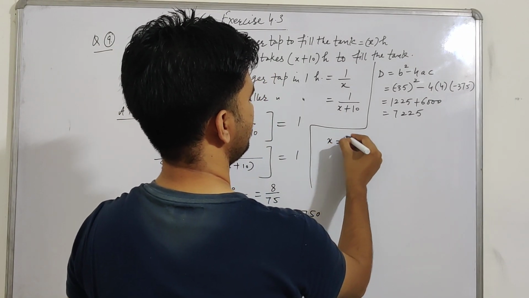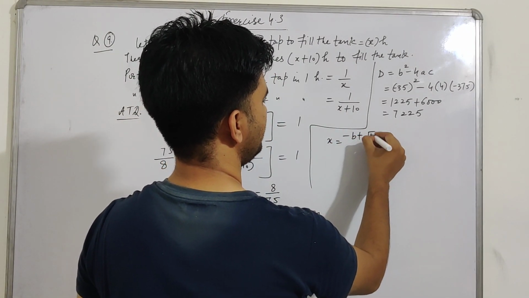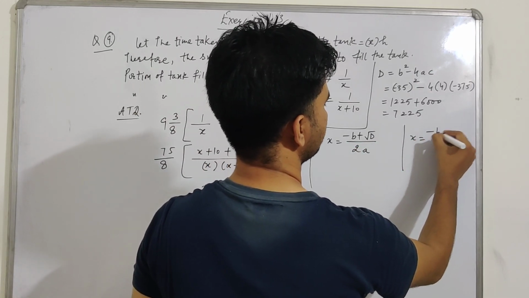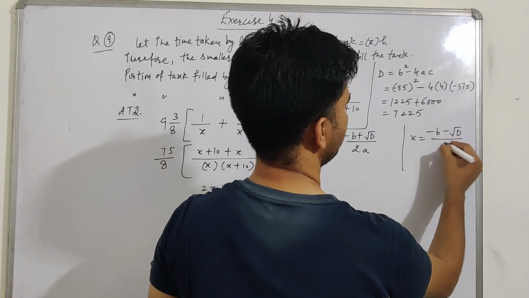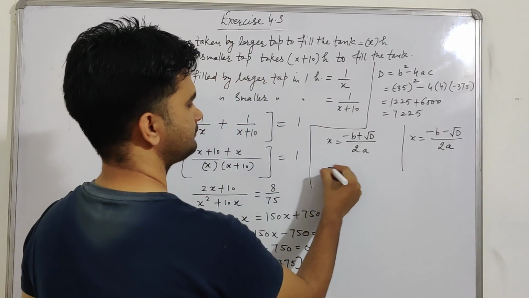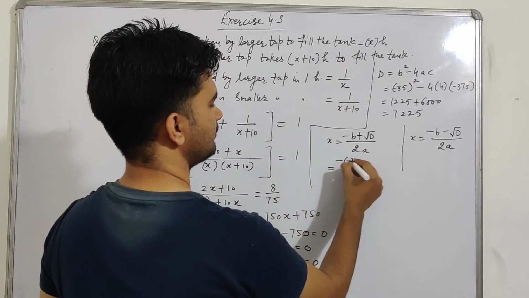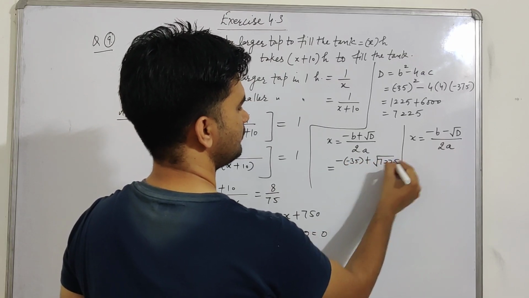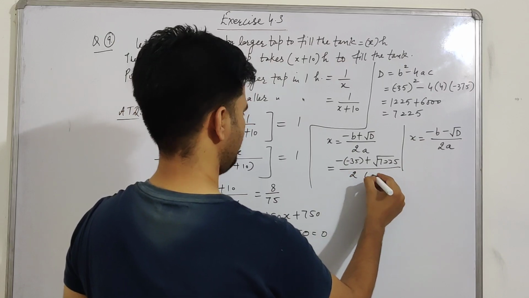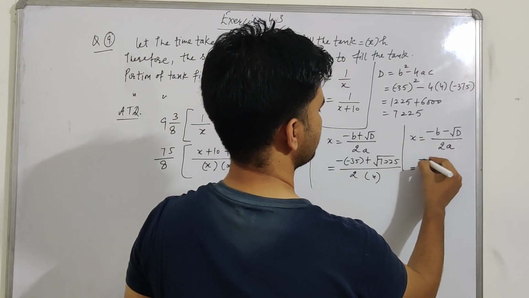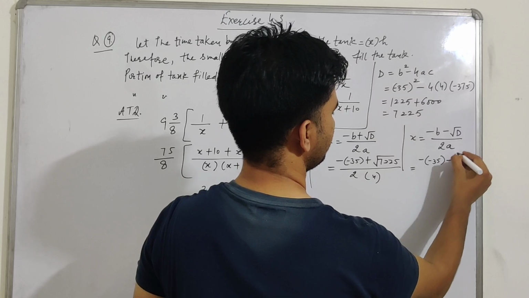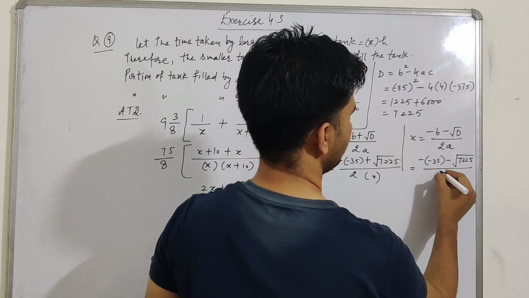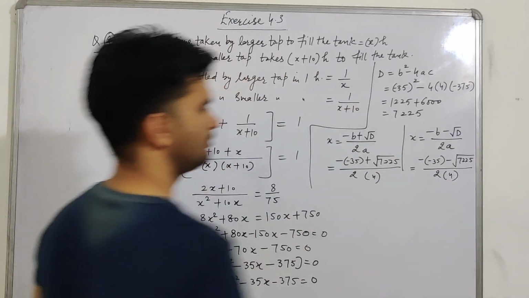And x is equal to minus b plus root D upon 2a, and here x is equal to minus b minus root D upon 2a. Minus 35 plus root 7225 upon 2a, and here also minus 35 minus root 7225 upon 2 into 4.